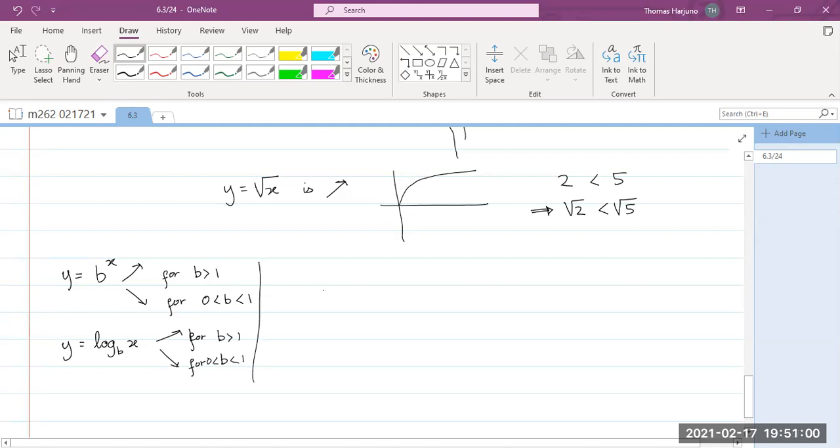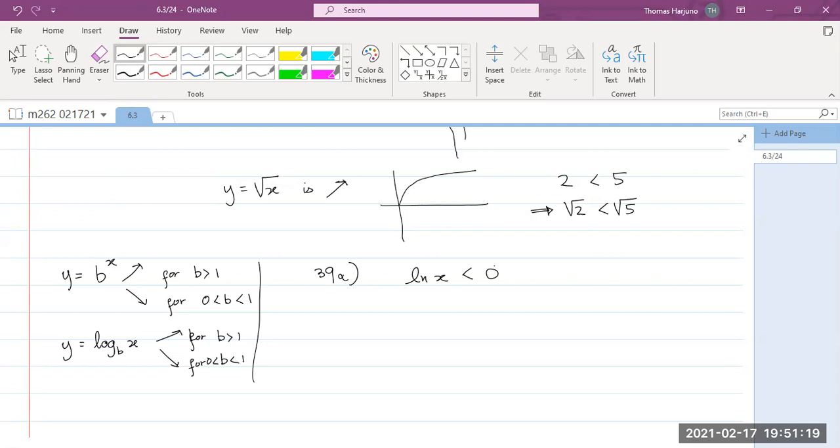Okay, let's see, for example, number 39a. Natural log of x is less than 0. Okay, but for natural log, the base is e, which is greater than 1.